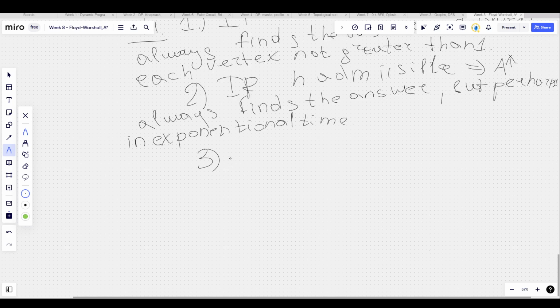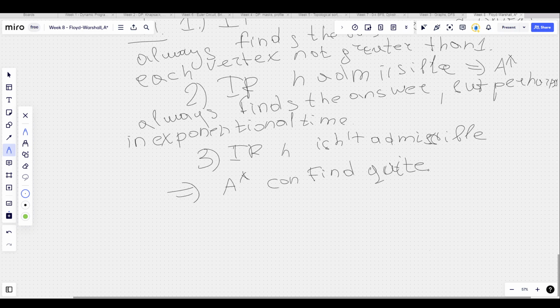But if h isn't admissible, hence A star can find, non-formally, quite a good answer, an approximation, and in quite good time.